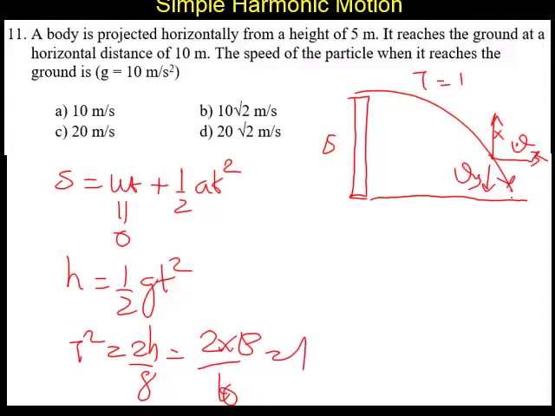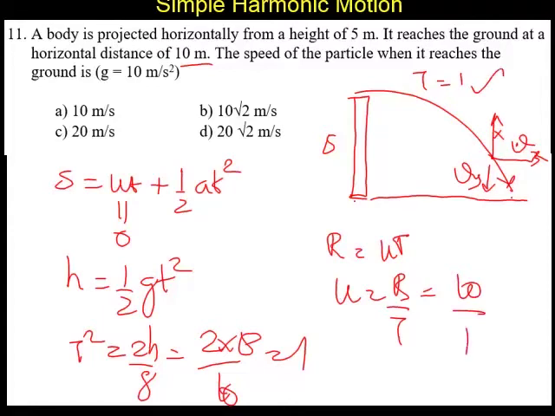If t is known, then the distance covered from here to here is what we call the range. Range is equal to initial velocity into time of flight, or u is equal to range by time of flight. Range is given as 10 meters. Time taken we have just calculated as 1. So u is equal to 10 meters per second.